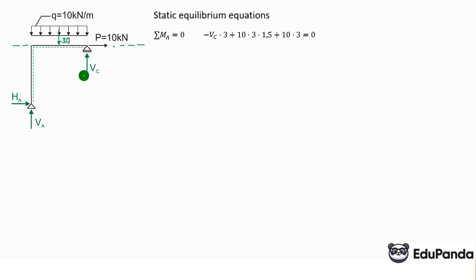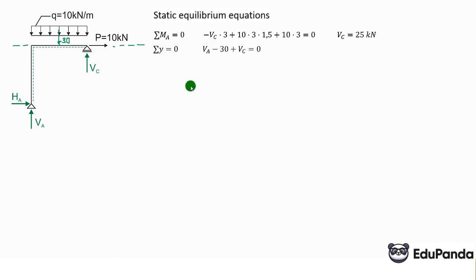And the arm of action of this force P is the perpendicular distance from this line to point A. So this distance, it's here, and its value is 3 meters. This is the arm of force P action. So it turns clockwise with respect to point A at an arm of 3, which means plus 10 times 3 equals 0. And from this, the reaction VC comes out to be 25 kN.